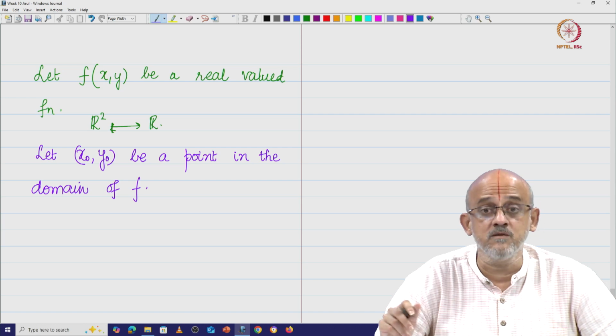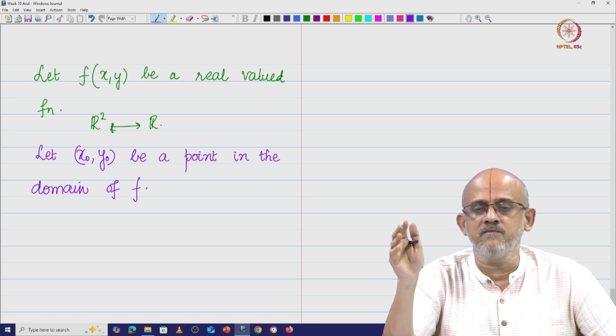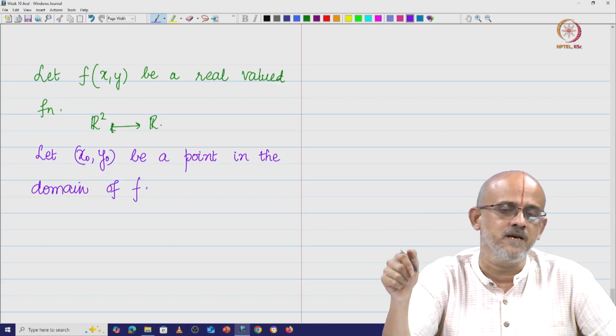So what we are going to do is define what it is to say a maxima and what it is to say a minima. First of all, we need to define that.